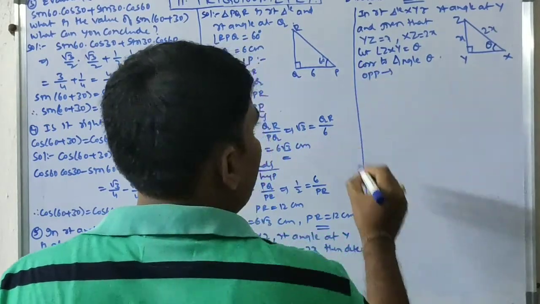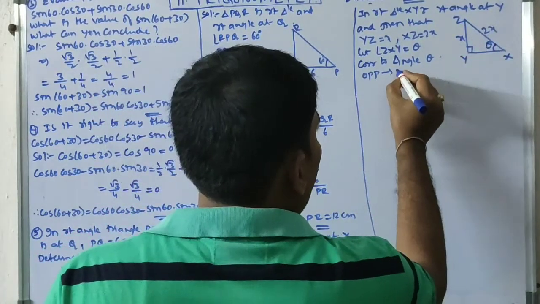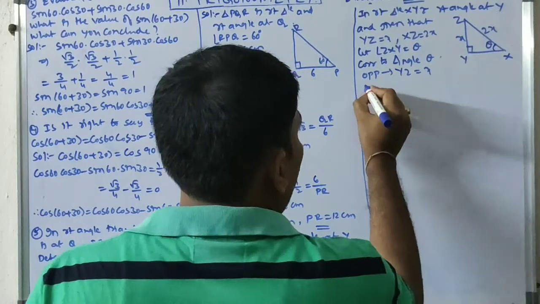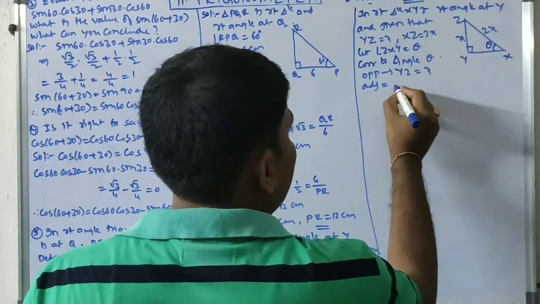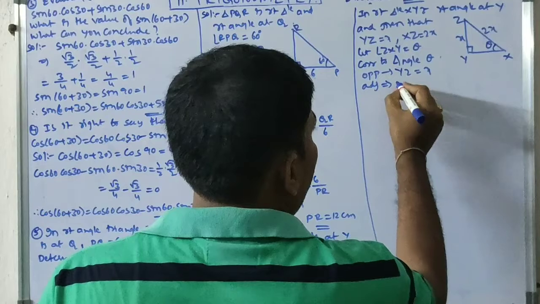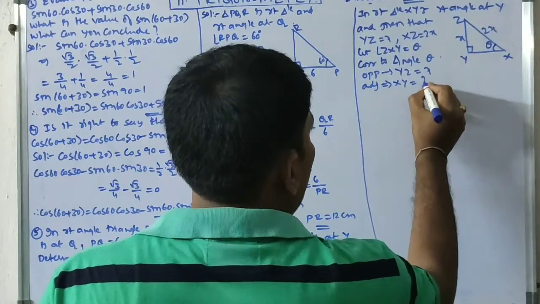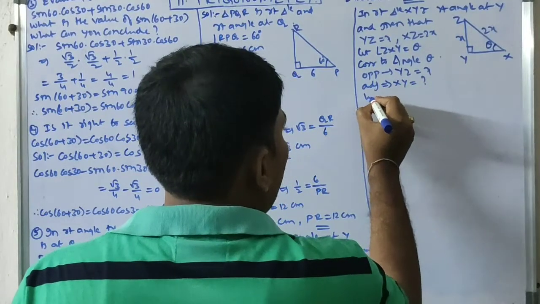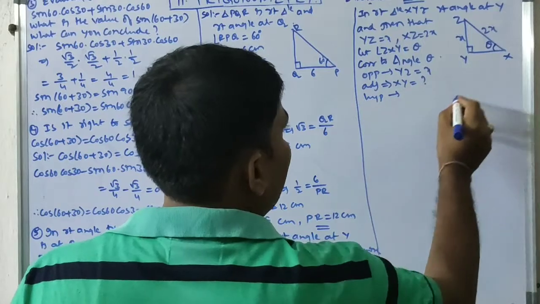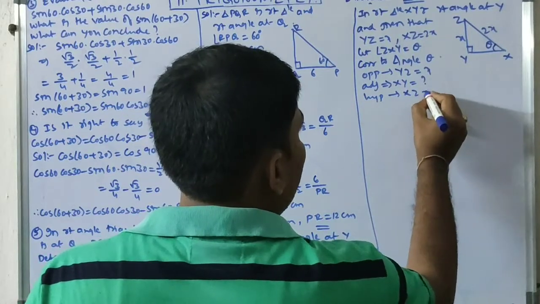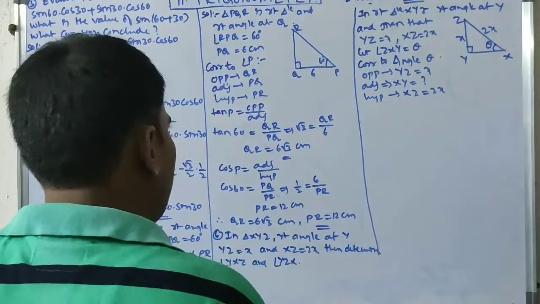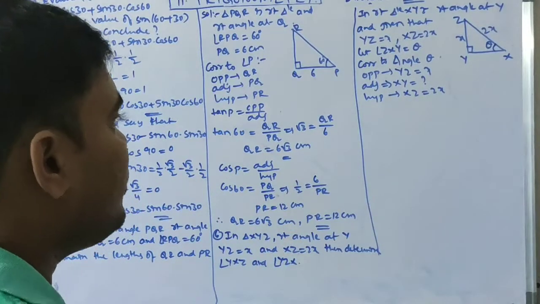YZ equals x. What is the adjacent side? XY, which we don't know. The hypotenuse is XZ, which is equal to 2x. I want to find out theta.